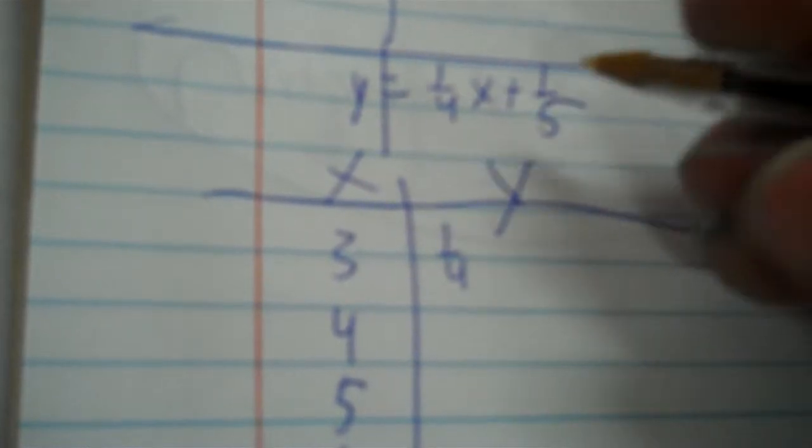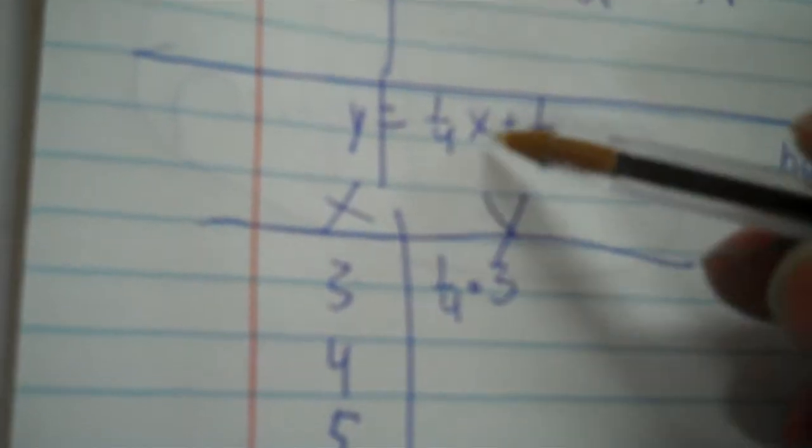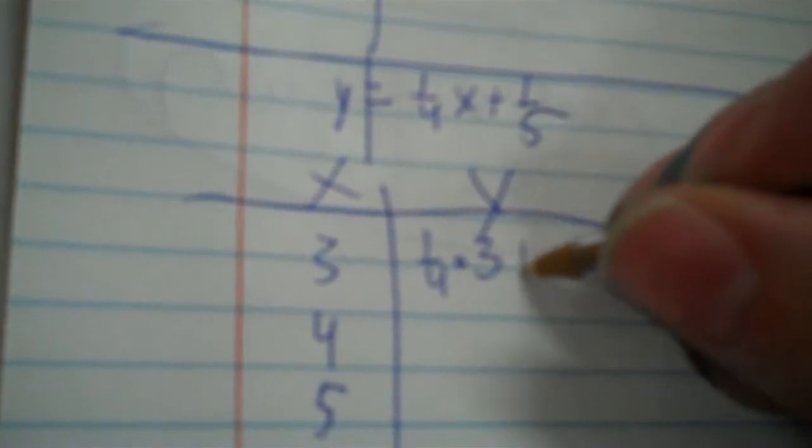Now I put 3 in for x, but it's times 3. And then after the x, you have plus 1/5. Then 1/4 times 4 plus 1/5. Then 1/4 times 5 for x plus 1/5. Then 1/4 times 6 plus 1/5.